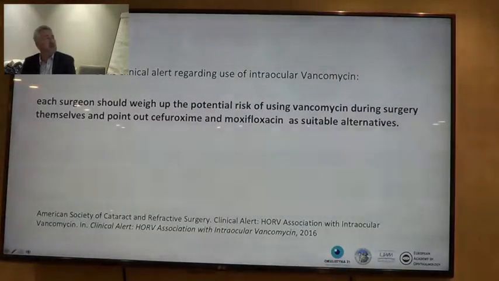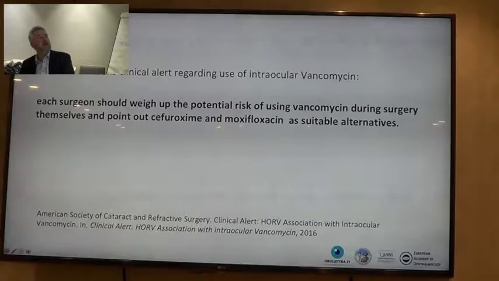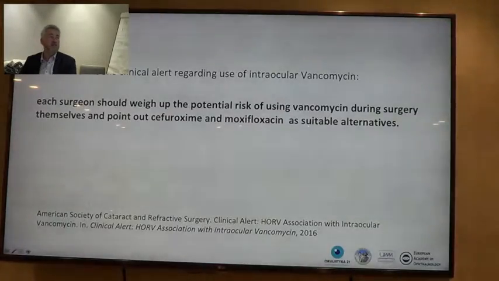So both societies, the American Society of Retina Specialists and the American Society of Cataract and Refractive Surgery, provided a clinical alert regarding the use of intracameral vancomycin, saying each surgeon should weigh up the potential risk of using vancomycin during surgery themselves, and pointed out cefuroxime and moxifloxacin as suitable alternatives. So this is the problem with vancomycin today.